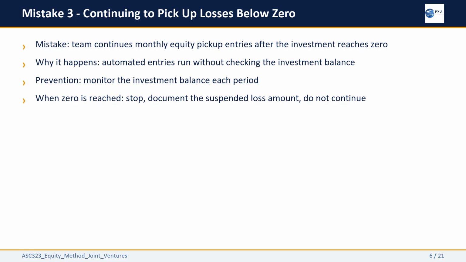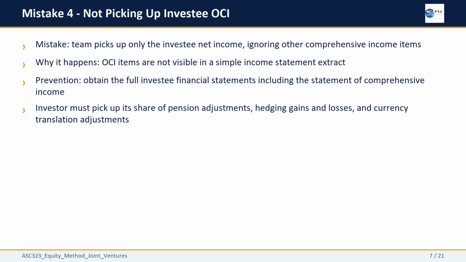the balance. The fourth mistake is ignoring the investee other comprehensive income. Most teams focus on the investee net income line and calculate the equity pickup from there. But the equity method requires you to also pick up your proportionate share of the investee other comprehensive income items: pension liability adjustments, hedging gains and losses, and currency translation adjustments.